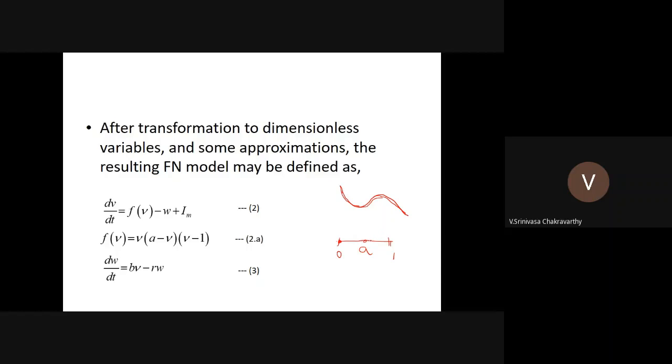If v is less than a and greater than zero, this part is negative, and it is positive beyond that, so it goes like this. So f of v looks like this.